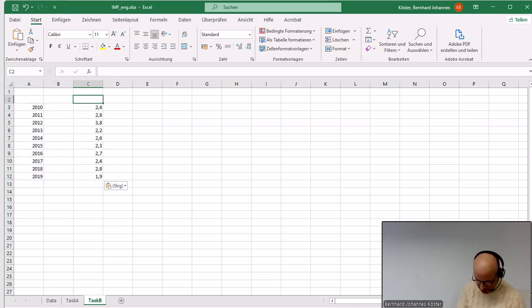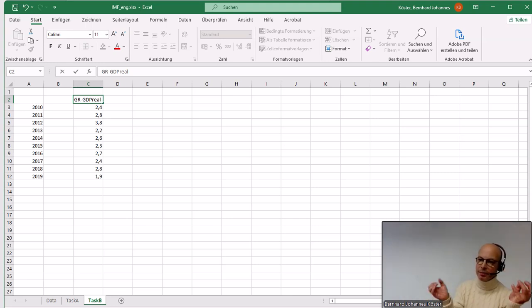So this is then the growth rate, GDP real, and be careful, 2.4 is given in the unit percentage. And this you also have to provide to me.